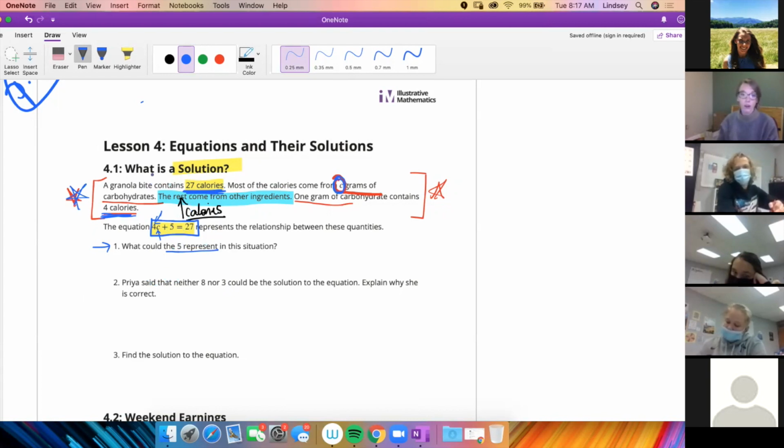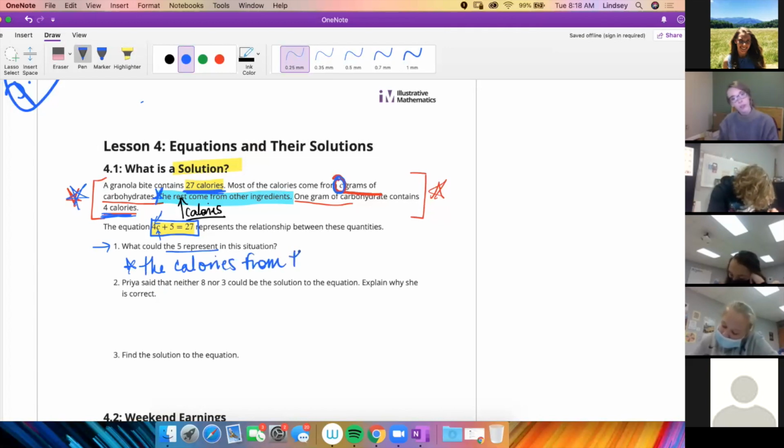This is just from one granola bite. The other ingredients, good. It's this part right here that we highlighted in blue. So it represents the calories from the other ingredients.